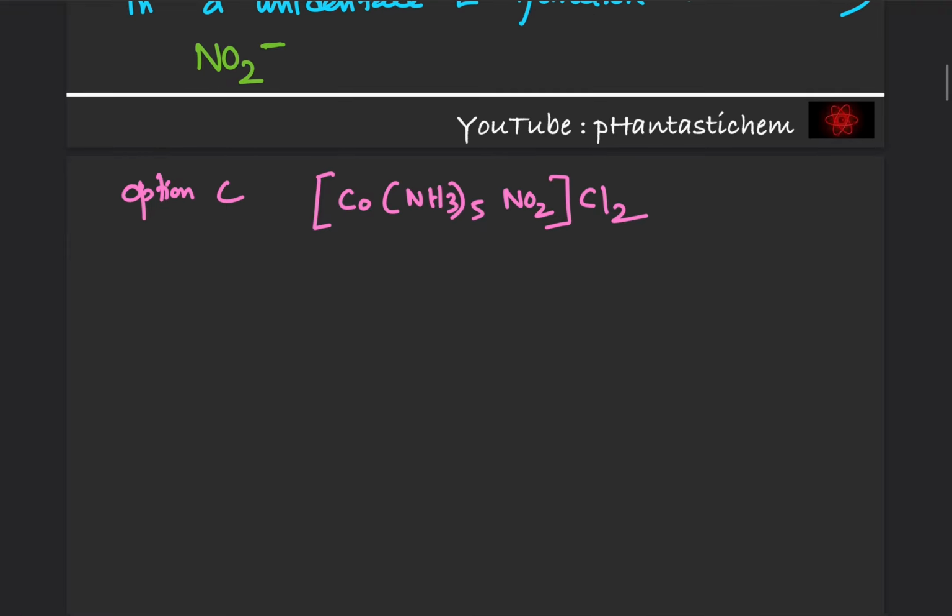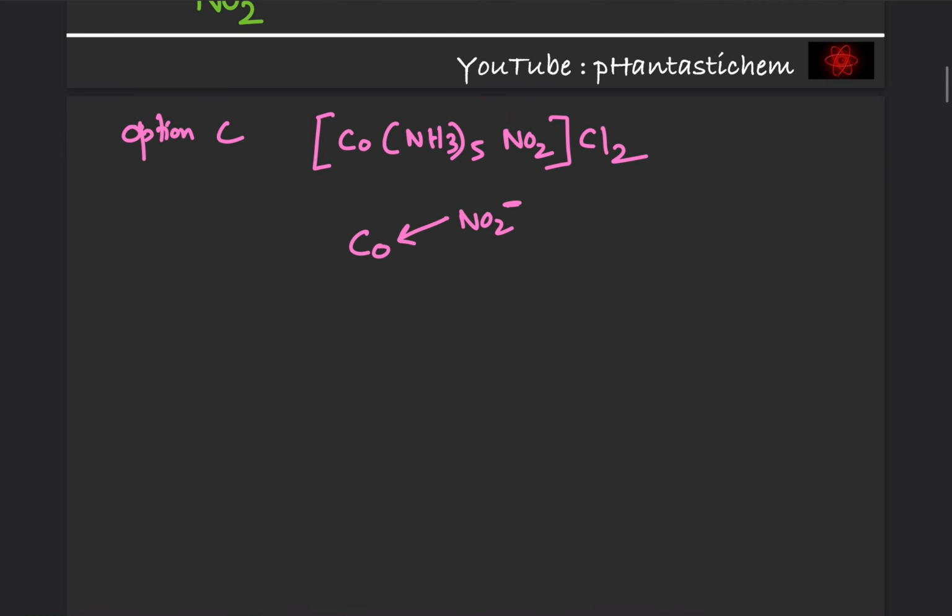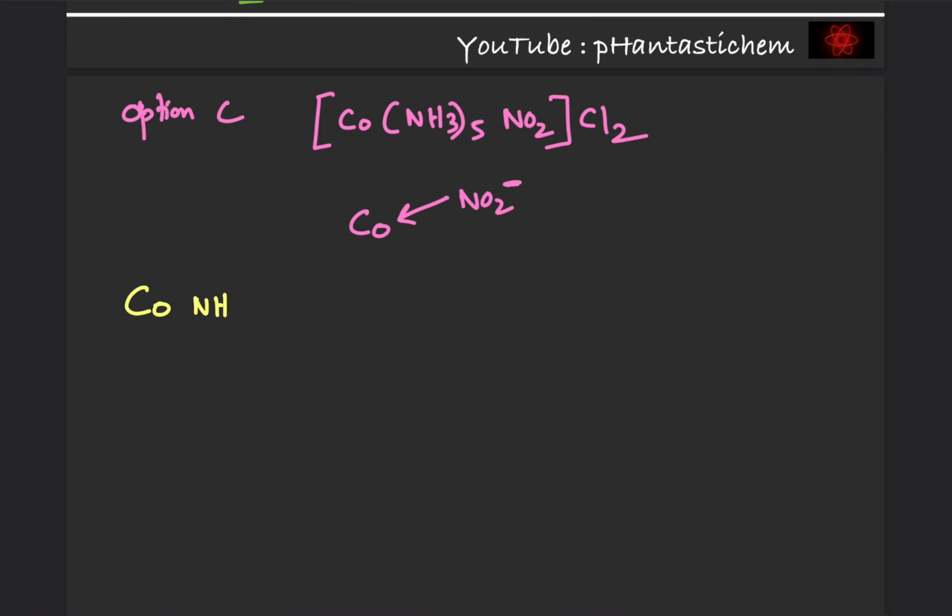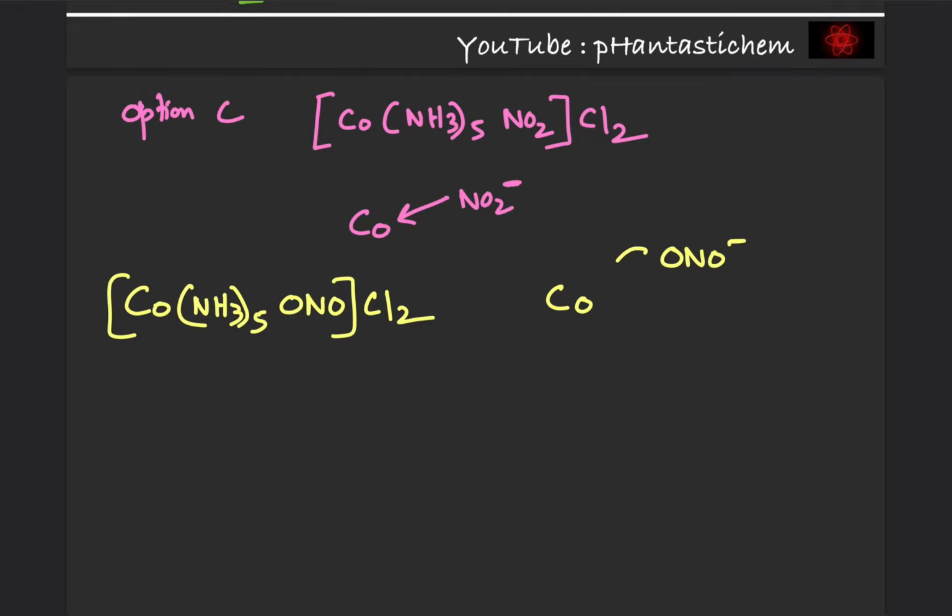You can also represent it as NO2 minus being the ligand, and N donating electrons to the central metal atom cobalt. This can also exist as [Co(NH3)5ONO]Cl2, and in this case an O atom is acting as the donor atom. So oxygen is donating electrons to the cobalt this time, represented as ONO minus.